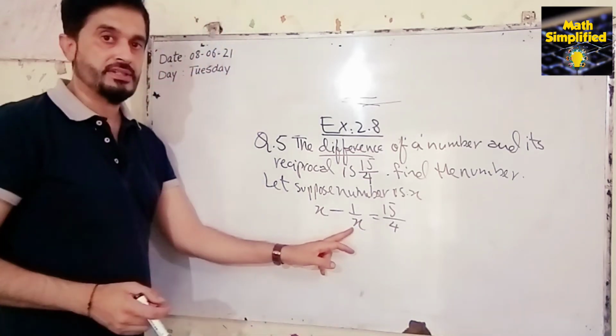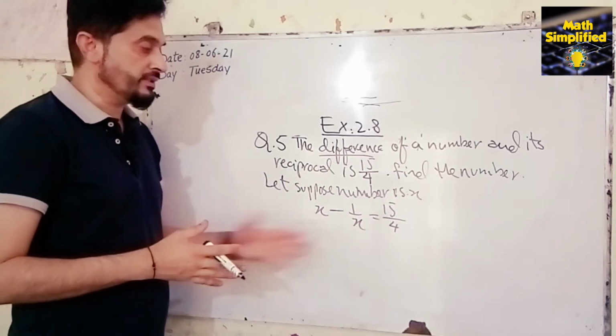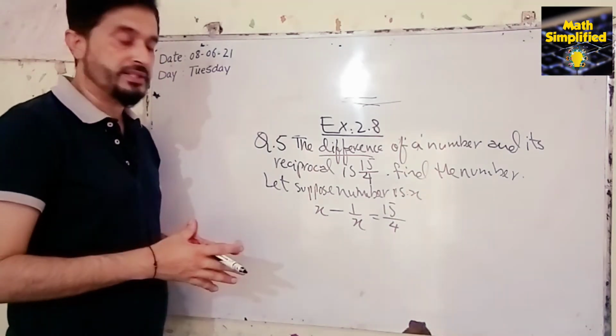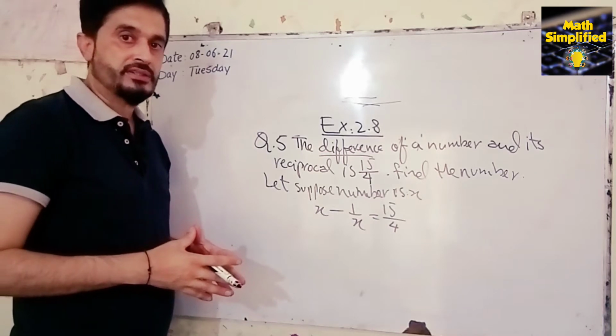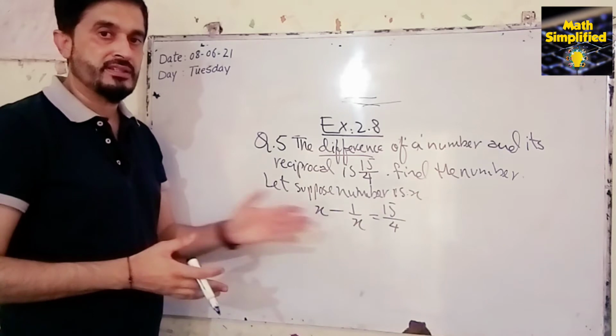Now we have the equation and we have to solve it. What is the procedure to solve this equation? I have told you many times how to remove the denominator. We have to take the common denominator and multiply with each term.